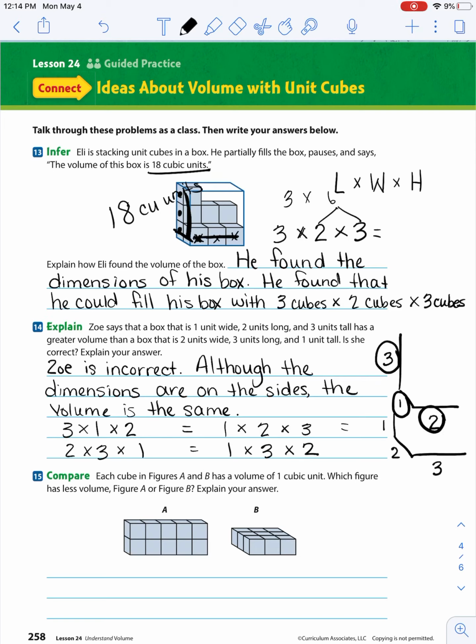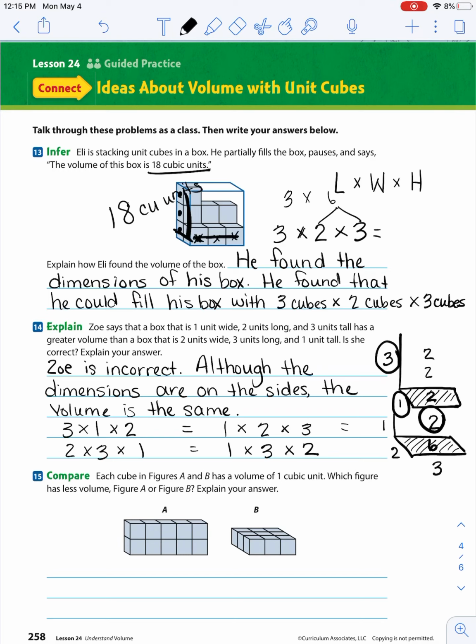Now, will the area be the same? Would the area of this flat be the same as the area of this flat? No. This one right here has an area of 6 units. This one has an area of 2 units. So the area of one side would be different, but this one would go up 3 times. So that would be a 2 plus 2 plus 2.